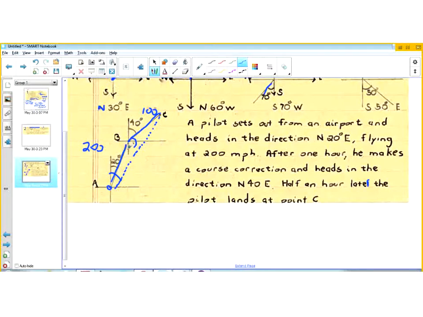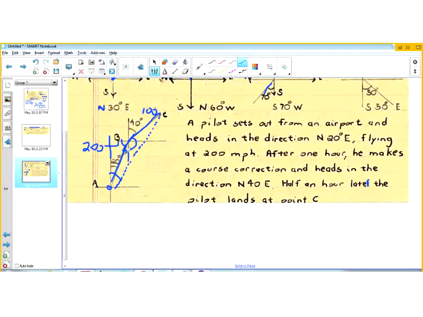And we know the measure of this angle. So what is the measure of this angle? We need to find the measure of that angle. So we have 20 degrees there. We have 90 degrees here. So this would be 70. This angle would be 70, so that would be 20.